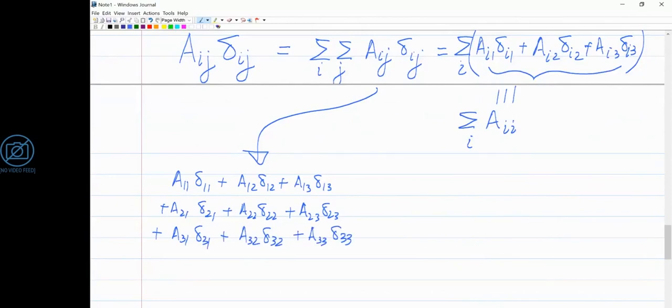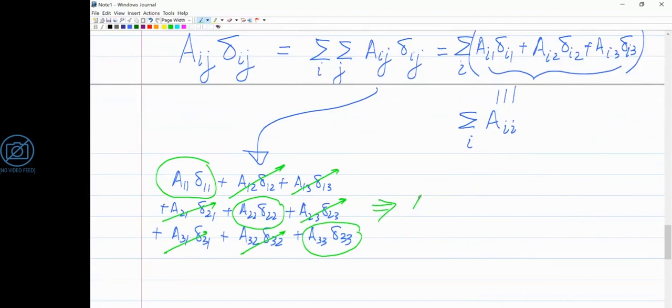Now, which of these are going to survive? It's just these ones. Rest all are 0, correct? Because of this definition of Kronecker delta. So this has become a_11 plus a_22 plus a_33, isn't it? And can I not write this as a_ii? That's what I wrote here.